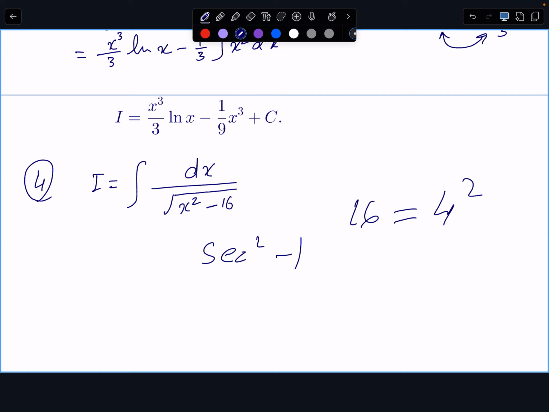When we square it, we're going to get 16 secant squared. Then we take 16 as common factor, we take it out, and we get secant squared minus 1, which is tangent squared. Is that clear, guys? Yes. Was everything clear or not?